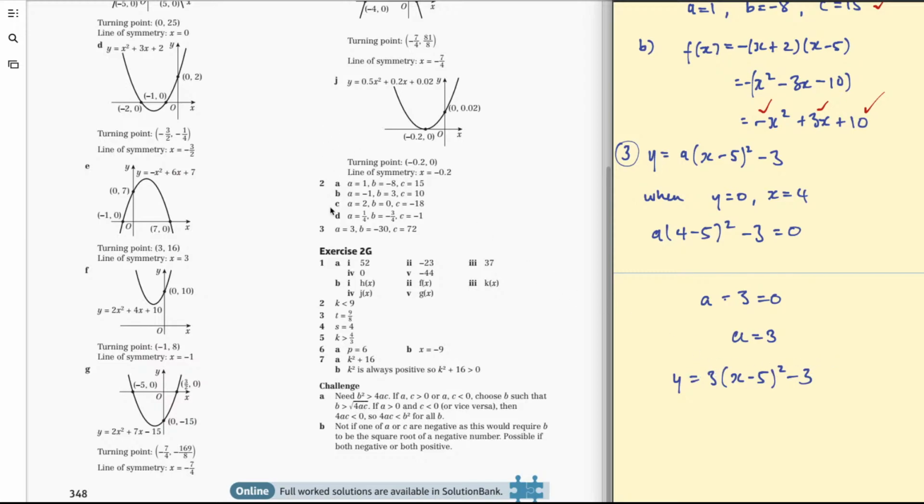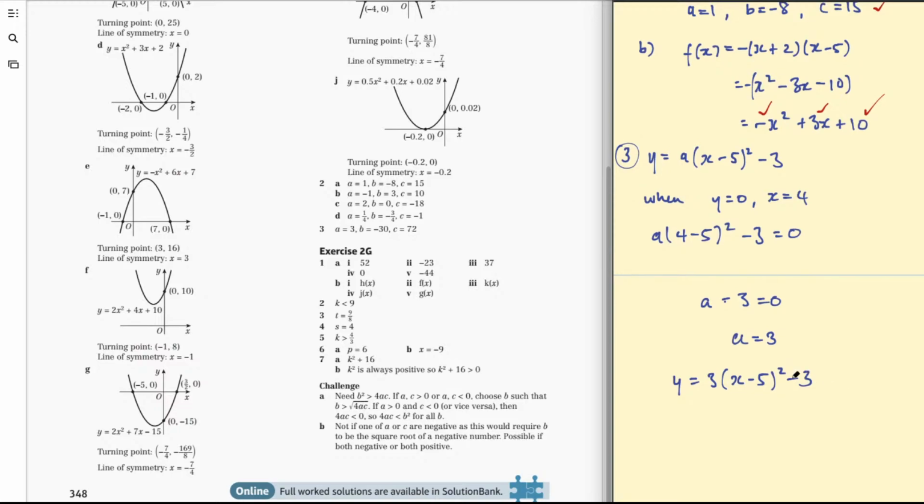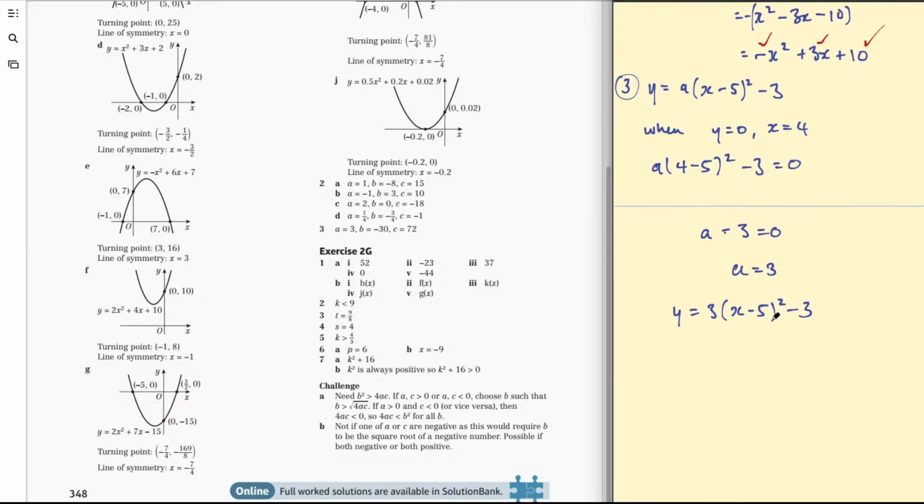Clearly I got 3 wrong there. What did I do wrong for that one? Oh, I have to expand that out. But I don't think I'm going to get negative 30 and 72. Oh, maybe I will actually. So I actually have done this correctly. I just need to remember to expand it out because they wanted it in the form of ax squared plus bx plus c. So expanding this out, we get 3 times x squared take 10x plus 25 take 3.